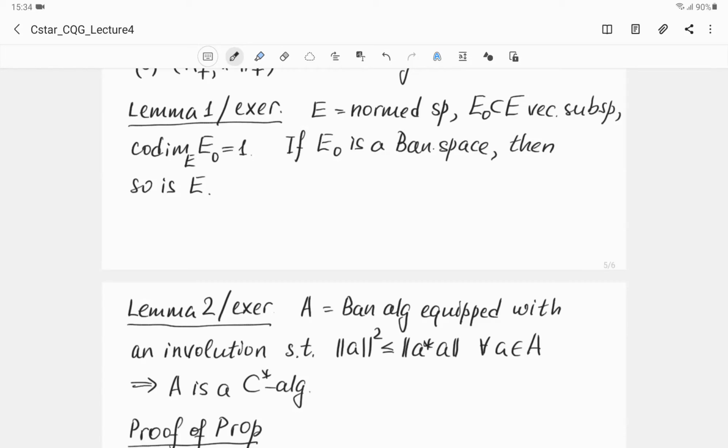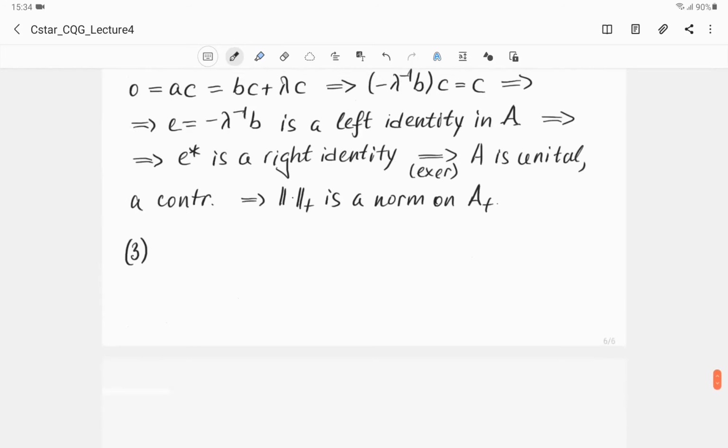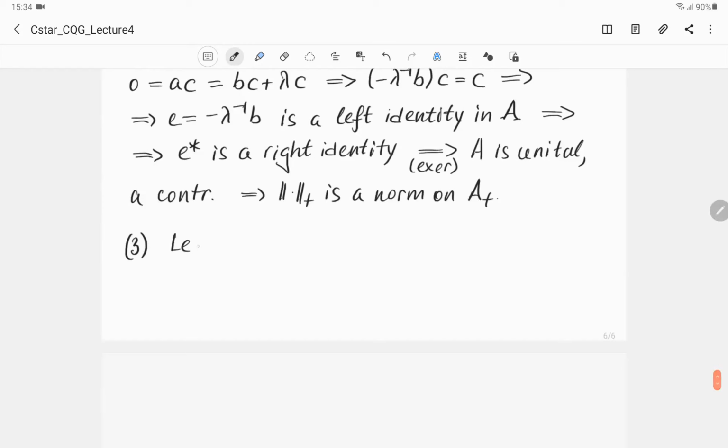So lemma 1 implies that A+ is complete. So lemma 1 implies that A+ is a Banach algebra with respect to the new norm.